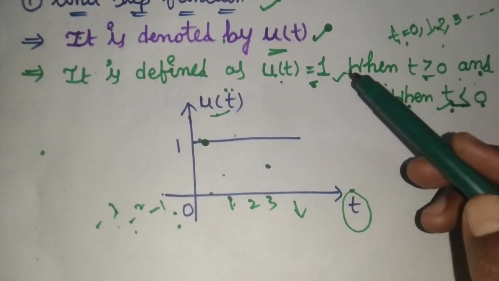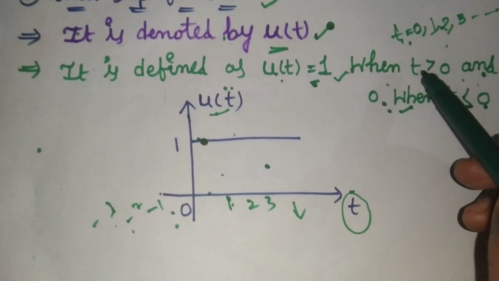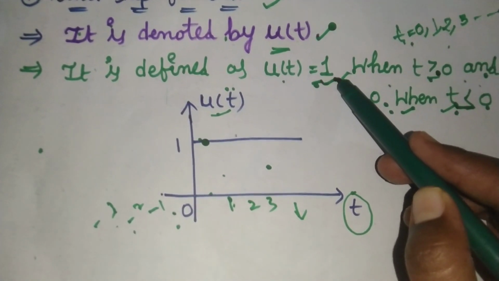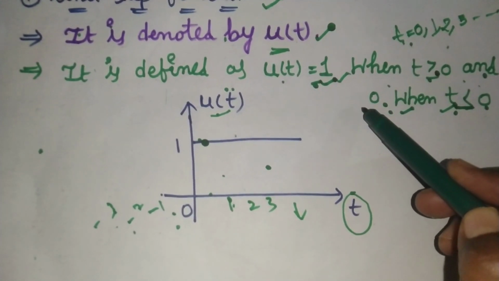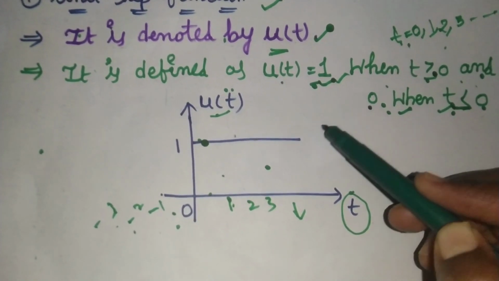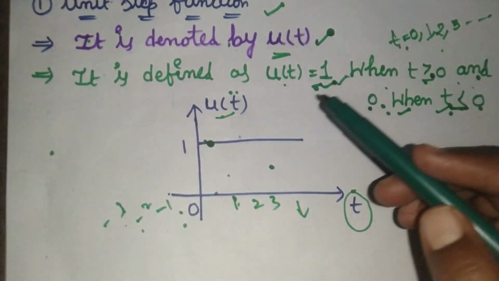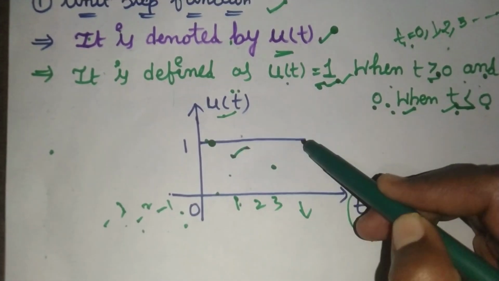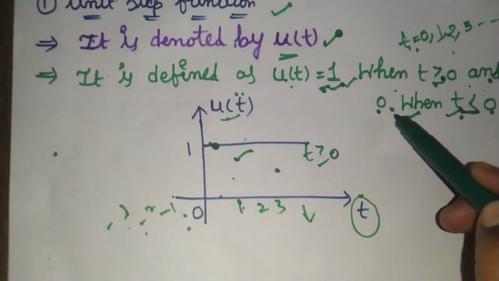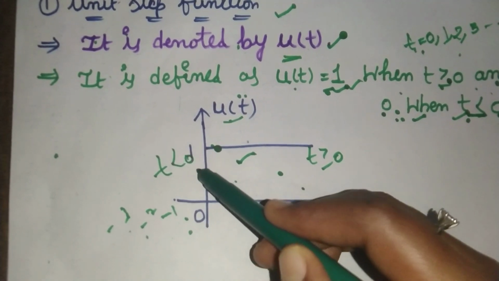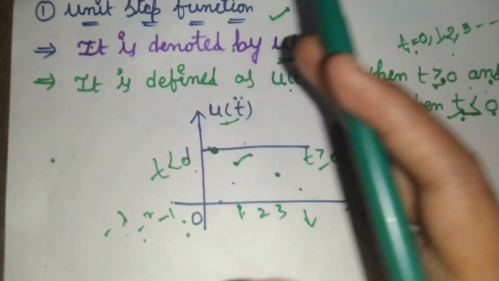So it is satisfied: when t is greater than or equal to 0, u of t is 1, otherwise u of t is 0. This is about unit step function.